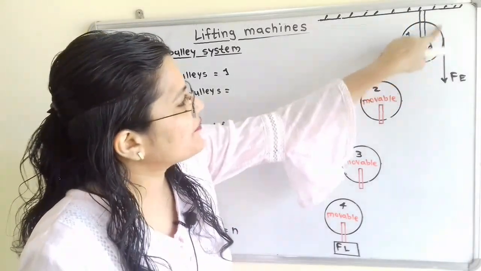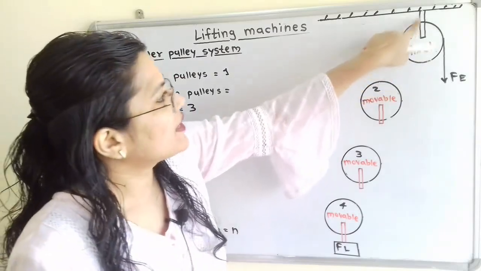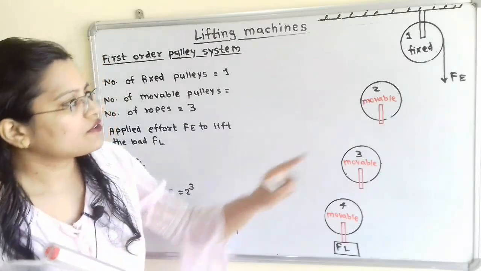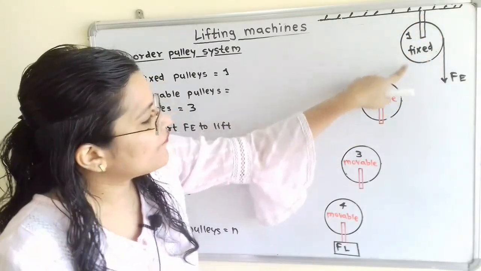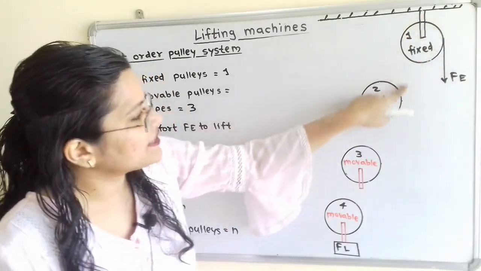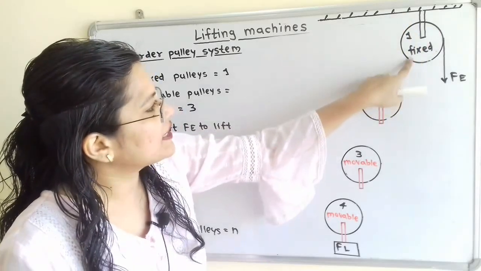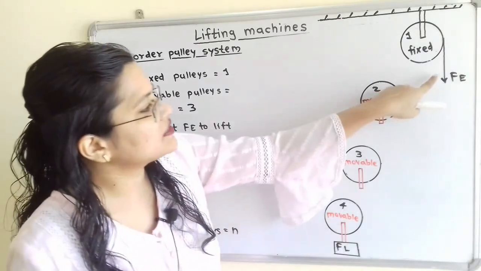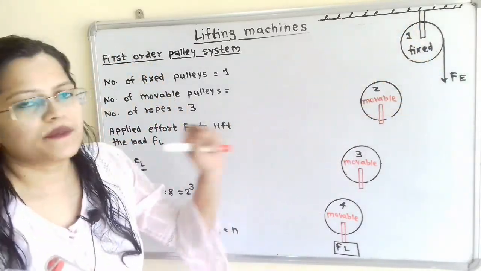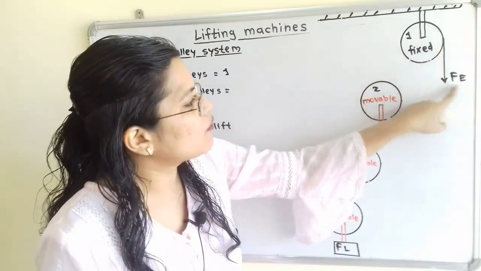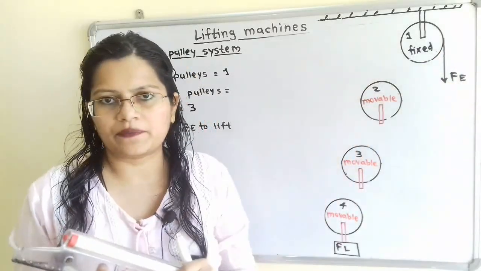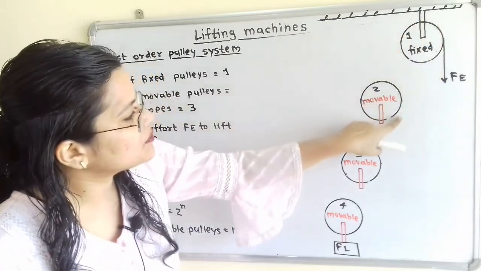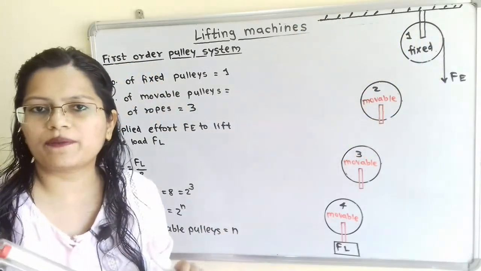So we know that this fixed pulley is fixed at the support which is provided at the top. Now this is the rope number 1 which we have to arrange with this fixed pulley and with this movable pulley. So how to arrange this rope number 1? Because at rope 1 we have to apply the effort Fe. So we have to pass this rope over the fixed pulley as well as this movable pulley.